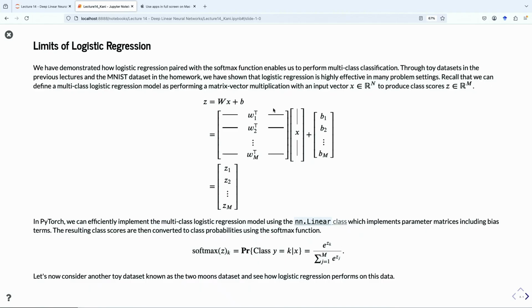So as we know, in the linear model, each of these components of Z are called logits. Remember that terminology that we discussed. So these are each one logit, and then you pass these logits to a logistic model. So if we're doing binary classification, we could use the simple sigmoidal model.